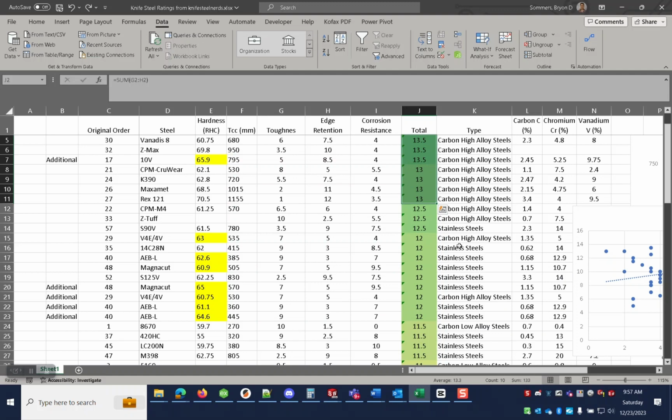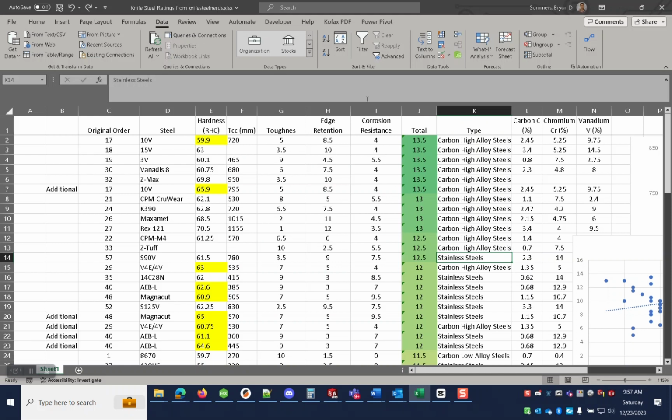Hmm. Then there's one stainless at the top. So if we remove corrosion resistance from the analysis, interestingly, outside of all the high carbons, the next group that comes up is stainless S90V. Then we go back to a carbon, 4V, and go back to stainless again, AEBL and Magnacut.